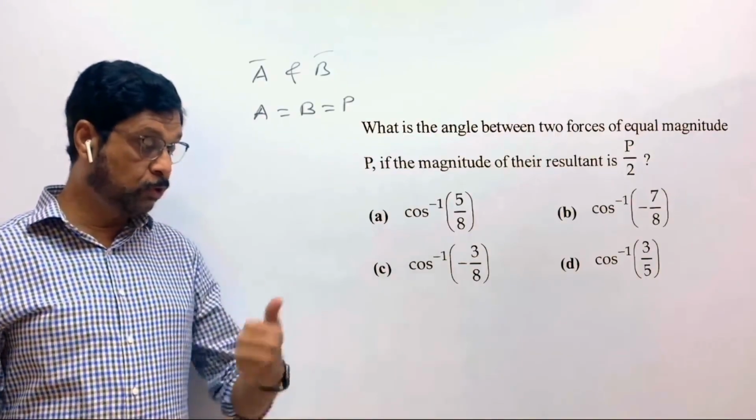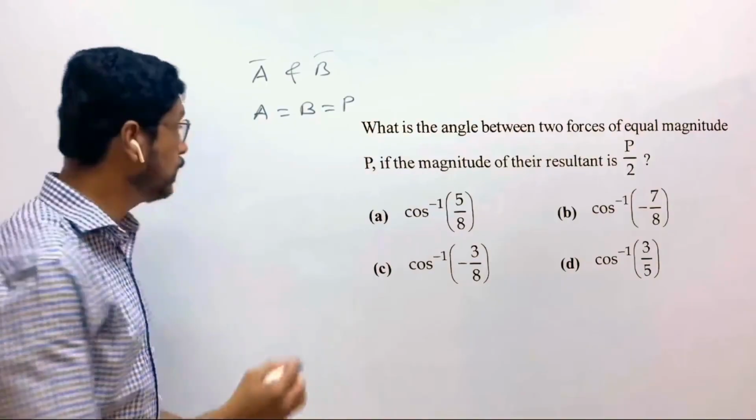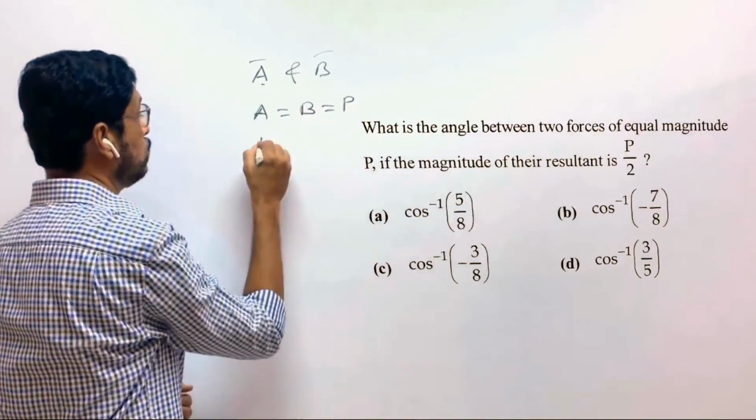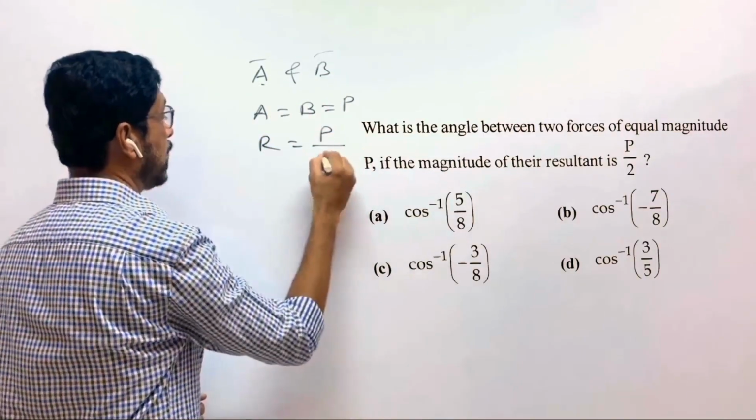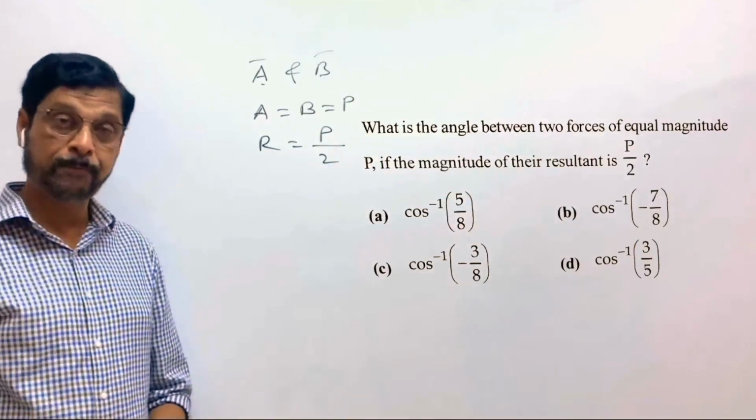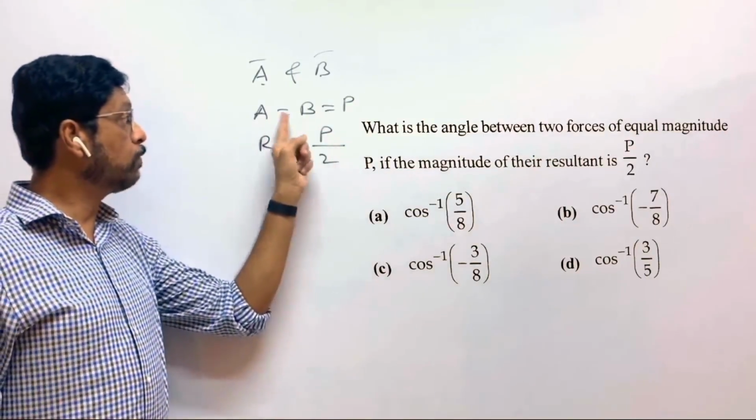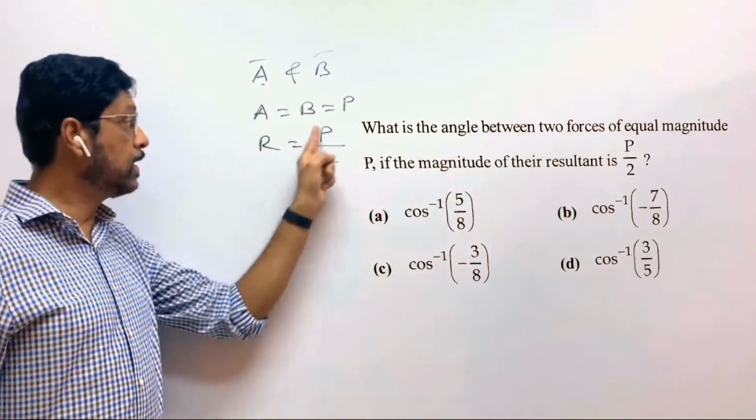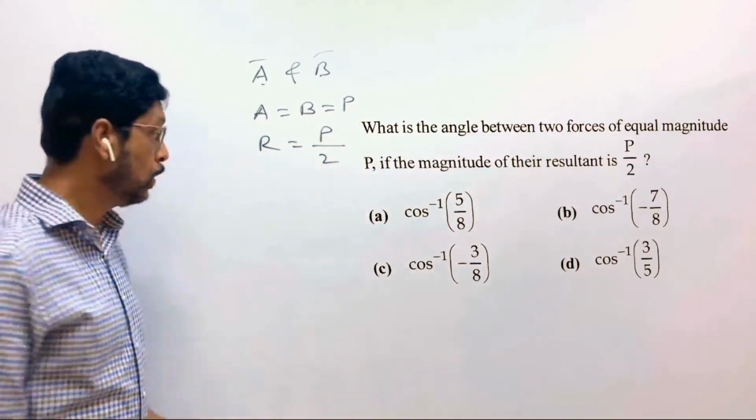If the magnitude of the resultant is P by 2, so the magnitudes of two forces is equal and the resultant is P by 2.